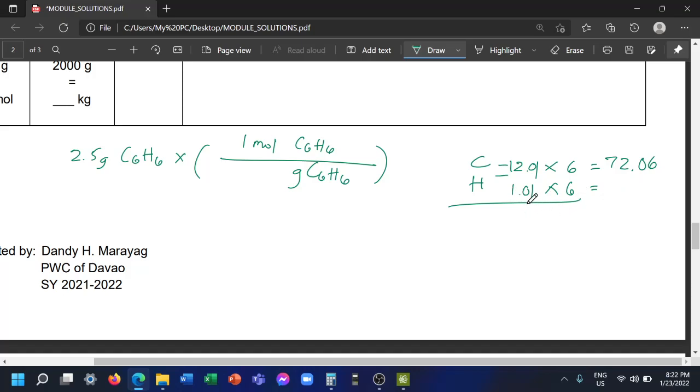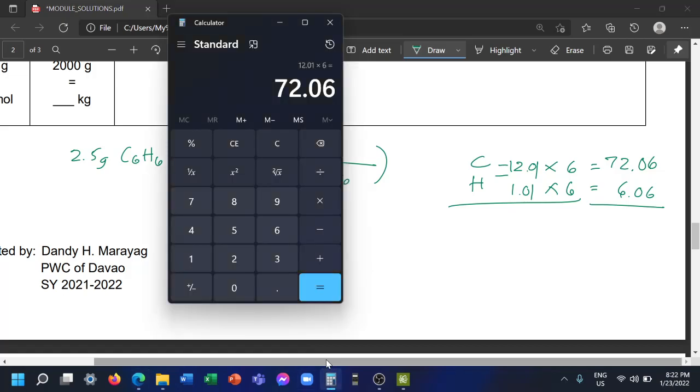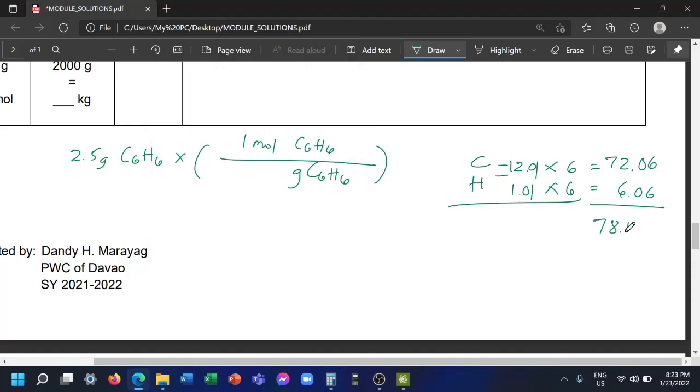And for hydrogen, 1.01 times 6 is 6.06. Then we add these: 72.06 plus 6.06 is equal to 78.12. So this one is the molar mass of benzene.